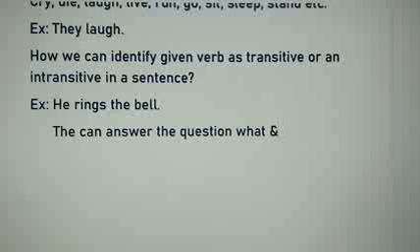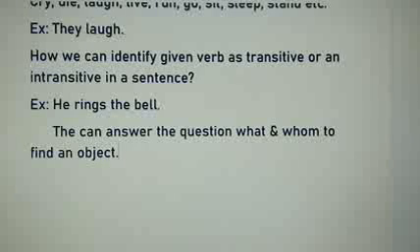In this sentence, my dear children, the verb can answer the question what or whom to find an object, right?